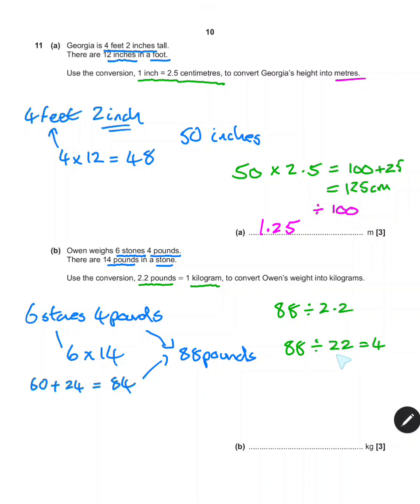So 88 divided by 22 is 4. Because this is a much smaller number, I'm sharing by a smaller number, meaning I'm going to get bigger answers in my actual calculation. So 88 divided by 2.2 would not be 4, but it would be 40. If this gets 10 times smaller than this, then the answer would get 10 times bigger.